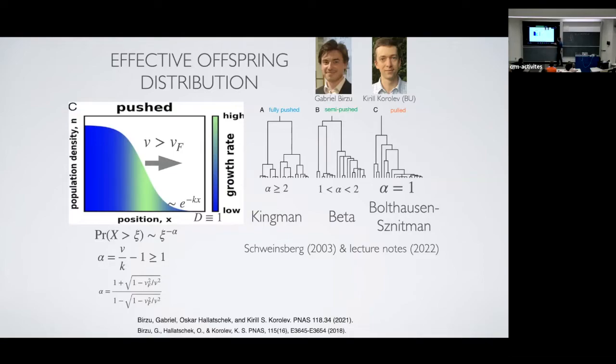So for the case alpha equals 1, which came up in the Luria and Delbrück example, one expects the Bolthausen-Sznitman coalescent to rule. For alpha between 1 and 2, you get a beta coalescent, and for alpha larger or equal to 2, it's the Kingman coalescent. And that's something we test in this paper.